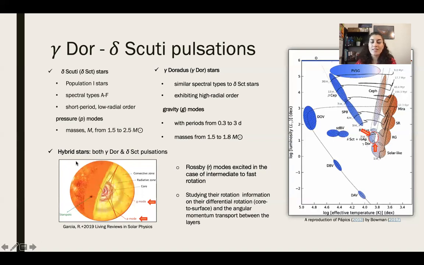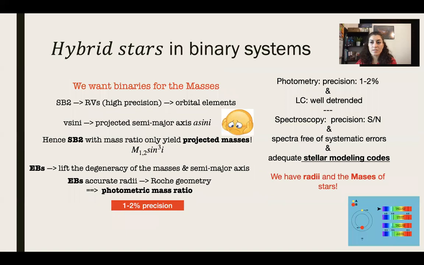So we call this type of star hybrid stars, and they give us the opportunity to study many layers of the star, starting from the ones close to the surface and going to the deep interior, close to the core of the star. So from now on, I will call them hybrid stars, as it is called in asteroseismology.